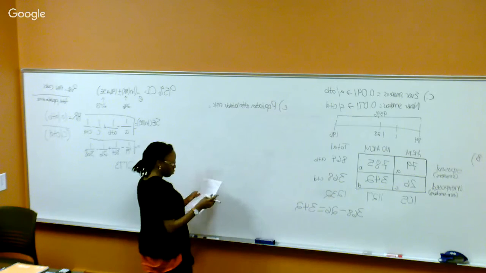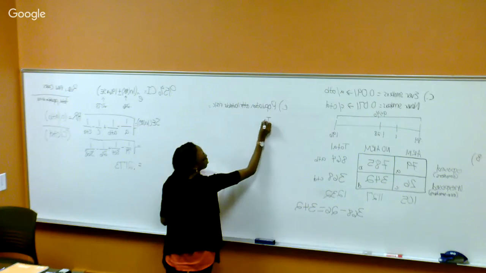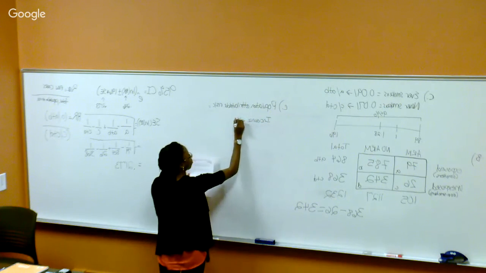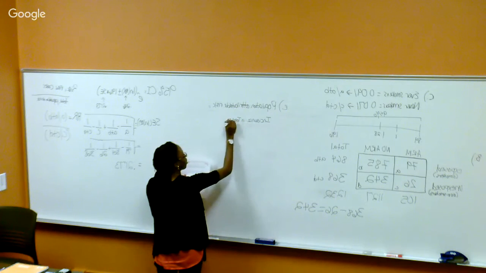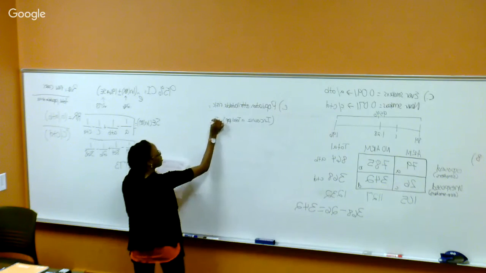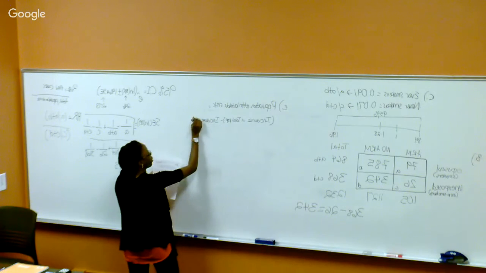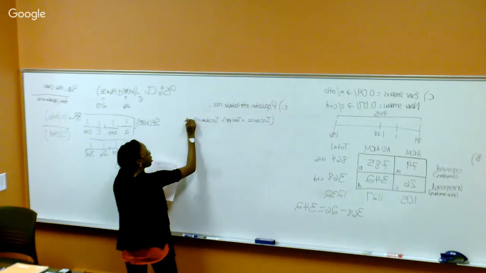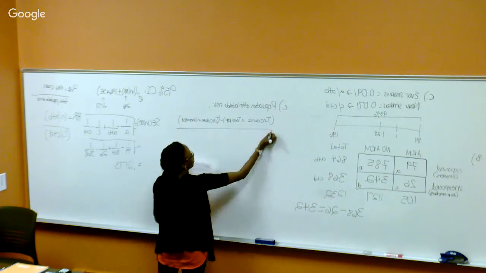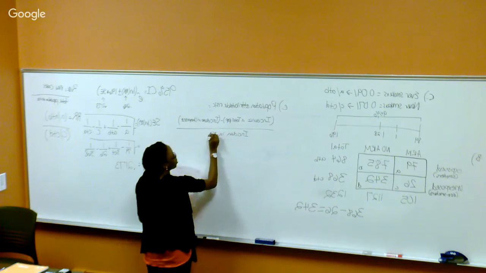So the formula for that is incidence in the total population minus incidence in unexposed, divided by incidence in total population.